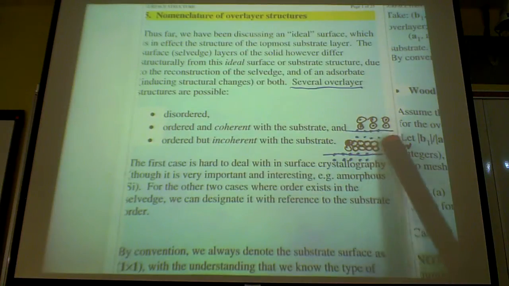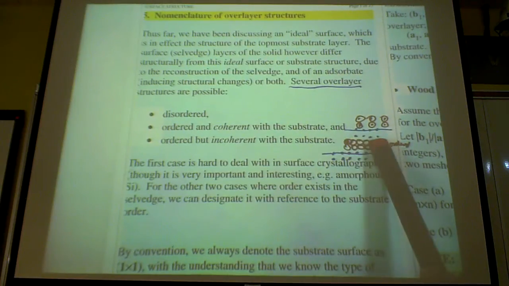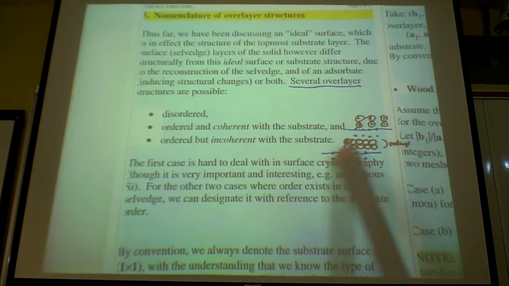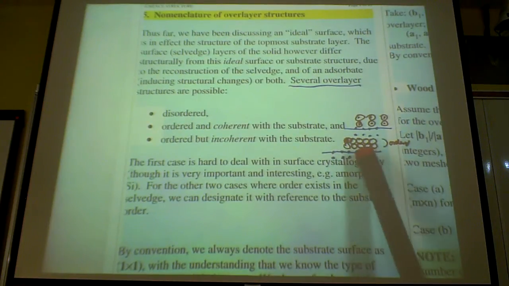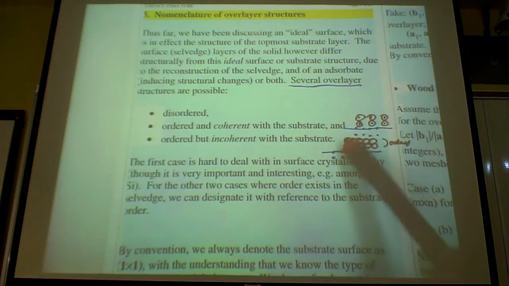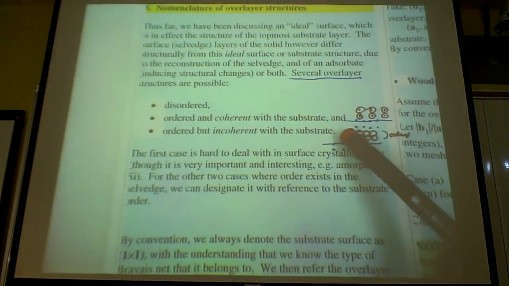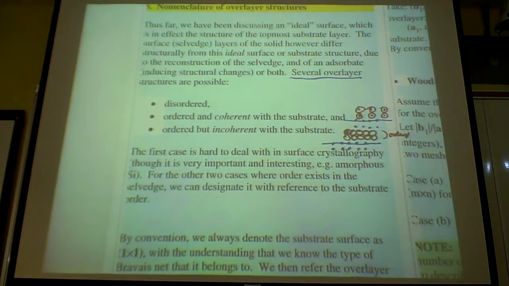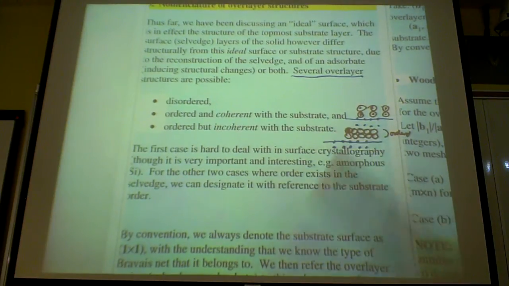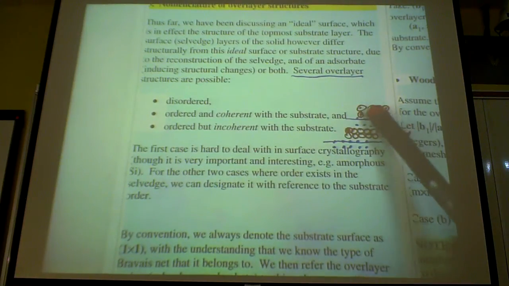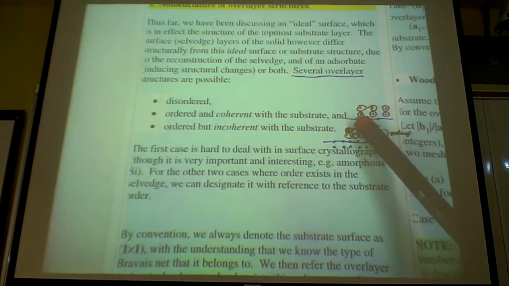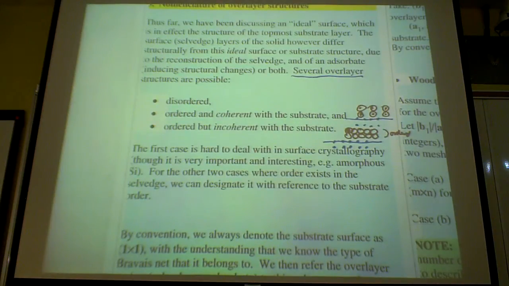So it forms a nice ordered structure here, but there's no relative position that each of the overlayer units has to have with respect to the substrate unit. There's no correlation, in other words, of each of these with respect to this. Whereas in here, there's a correlation between the overlayer unit and the substrate unit that you have.